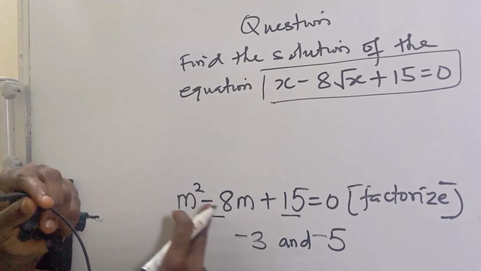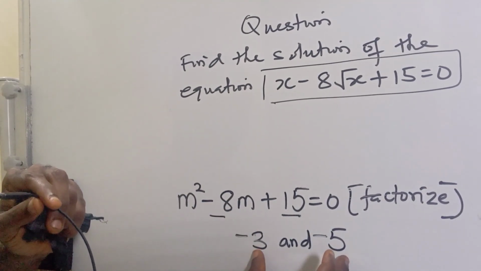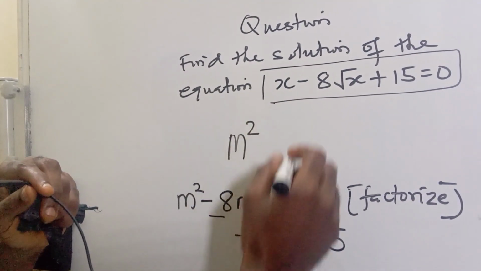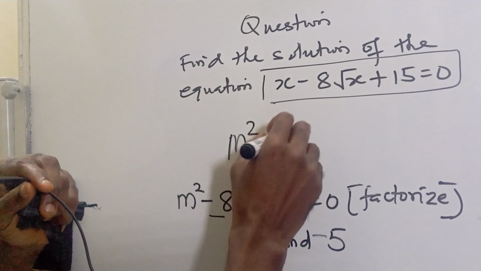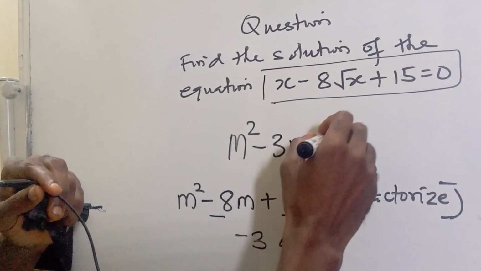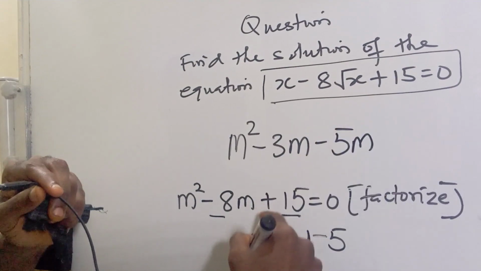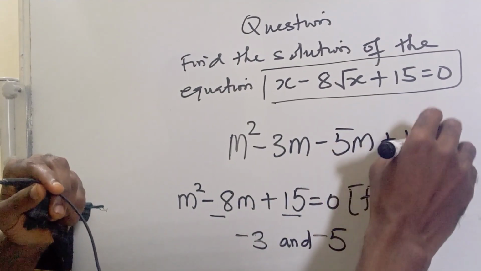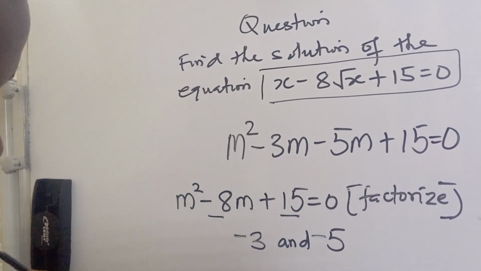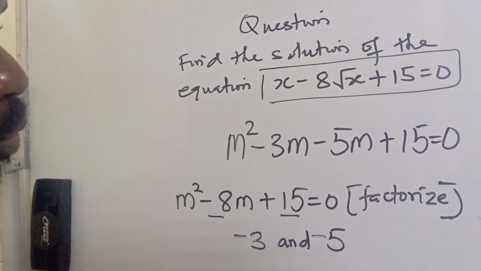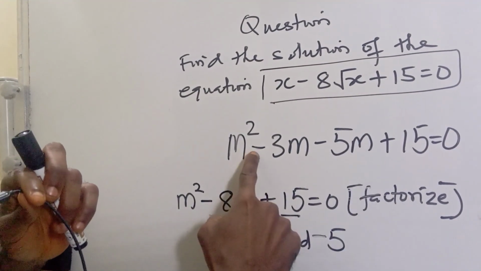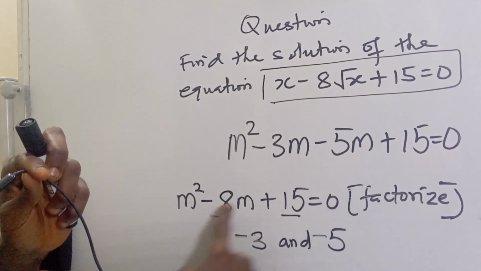So instead of minus 8m, we are going to write m squared, negative 3m, negative 5m, plus 15, giving us 0. So that is the new equation we have, because minus 3m minus 5m is still minus 8m.